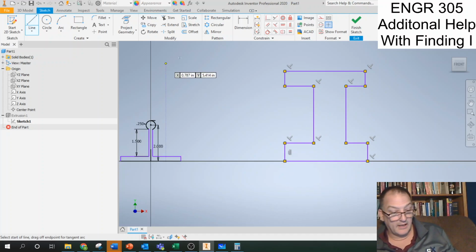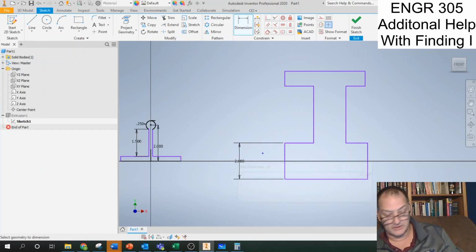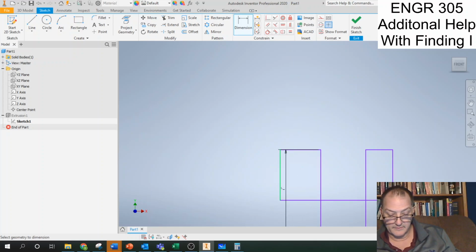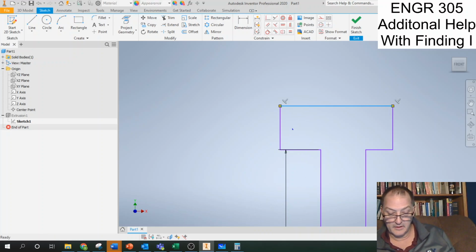All right, now I got to slap some dimensions on it. That's 2. That's 6. I gotta drag this line. I add dimension here, 2.